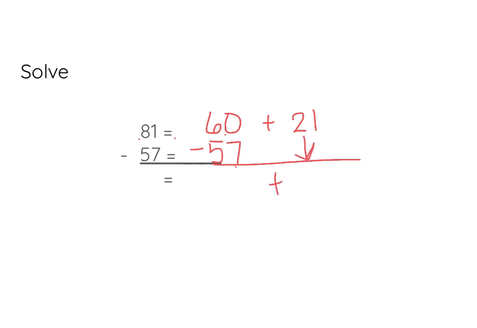Remember, you don't do anything to the 21, so I just draw an arrow and bring it down. Now 60 subtract 57, or think back to that number line. If you're at 57, how do you get to 60? By adding the partner. 21 plus 3 equals 24.